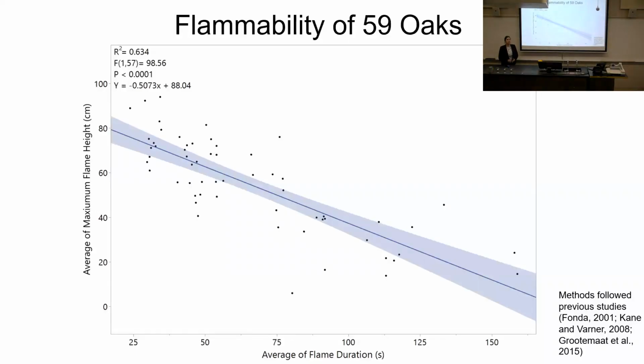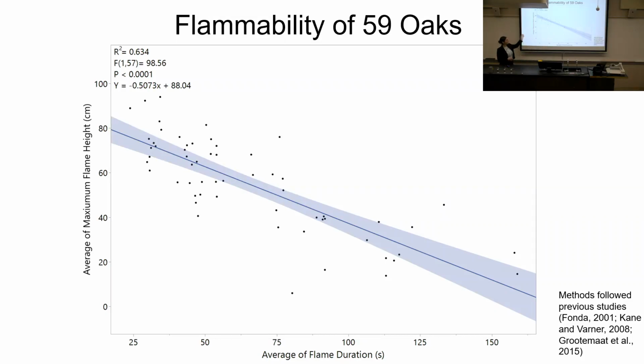Now moving on to the flammability data. I was able to gather some flammability data for which I conducted burn trials, and I used methods outlined by Fonda 2001, as well as these other studies did.